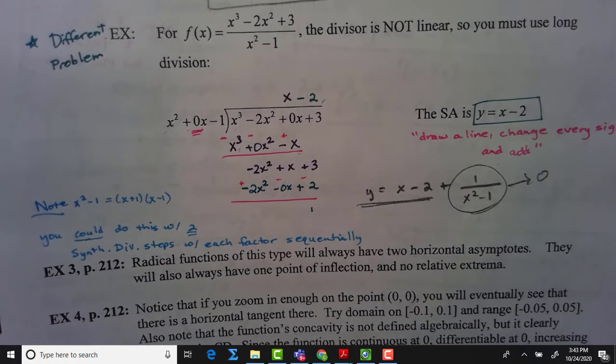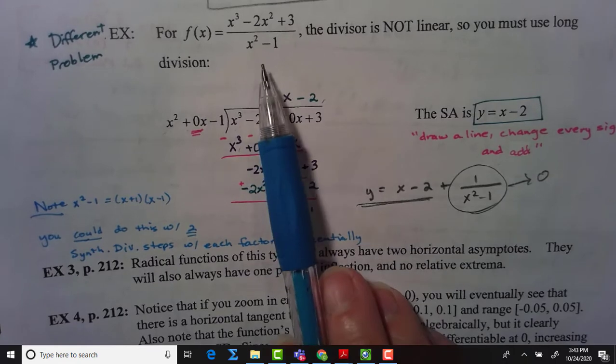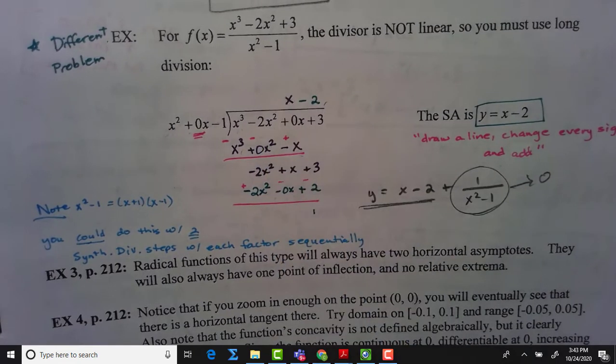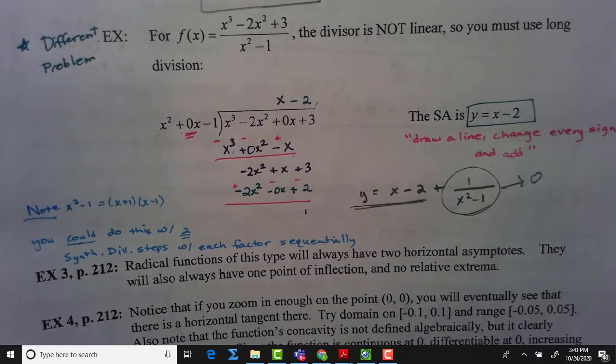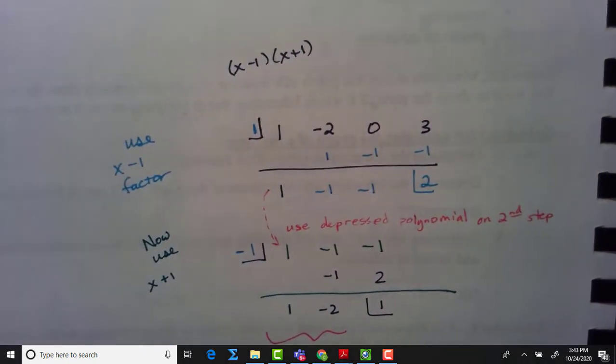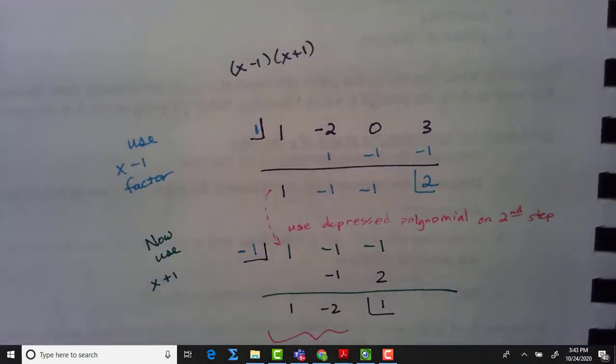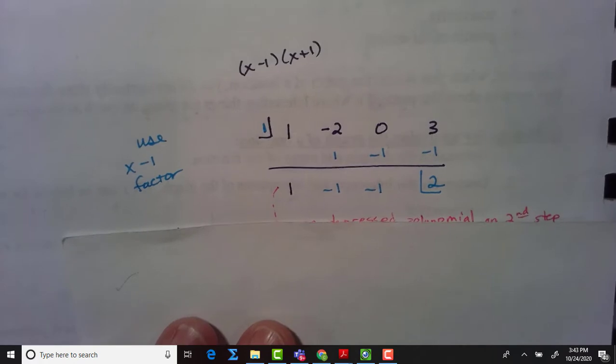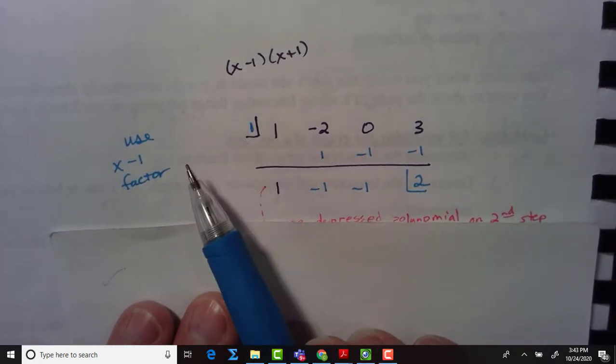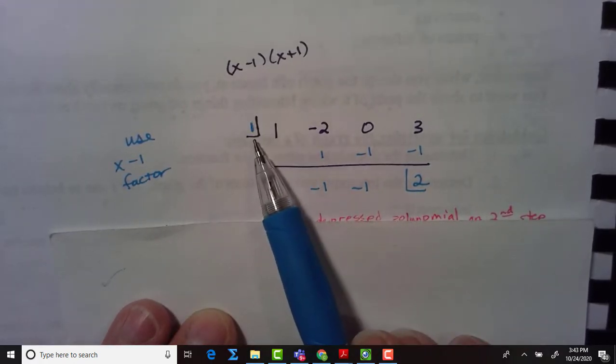Now, I could do one other thing that's kind of crazy. I noticed that my denominator has linear factors. I could actually do synthetic if I do it sequentially and use my depressed equation. So if I start with x minus 1, what solves that is 1.